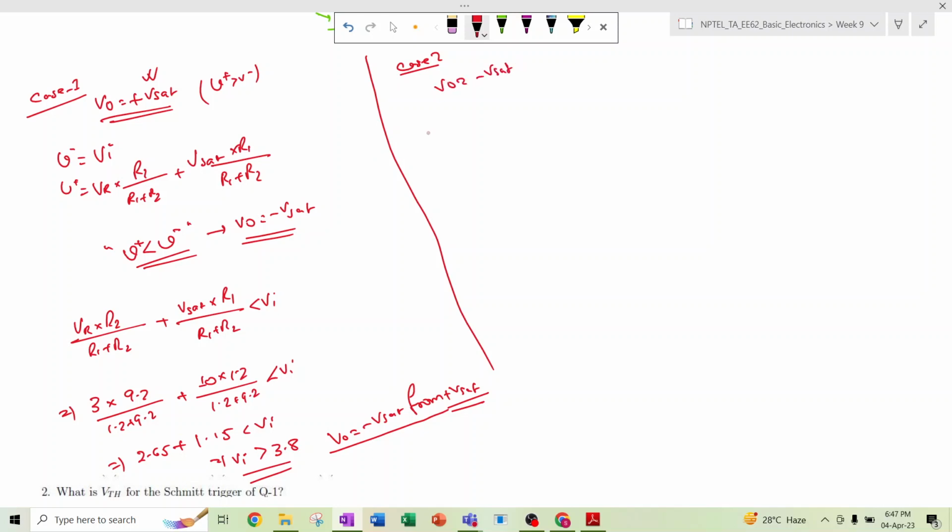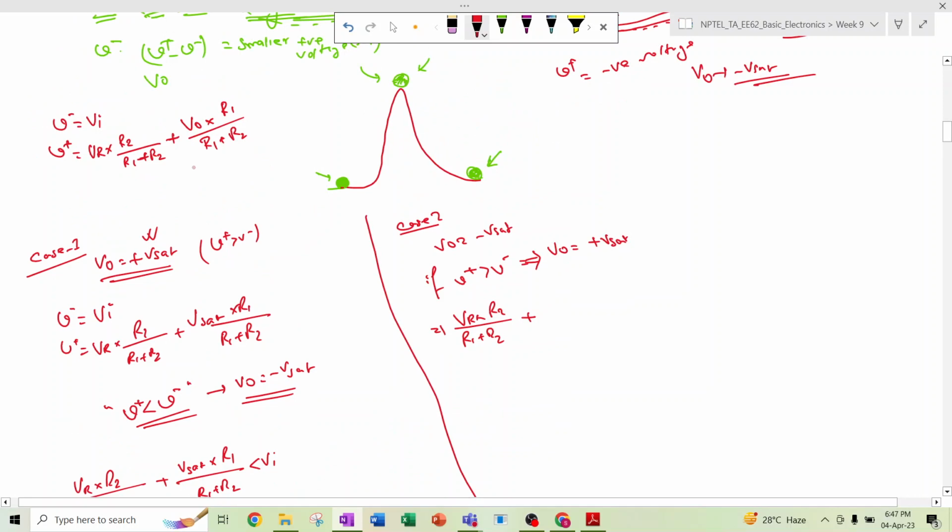Similarly, if we follow case 2, consider VO is initially at minus Vsat condition. Now if V plus is greater than V minus, then only this VO goes to plus Vsat, right? So VR into R2 divided by R1 plus R2 plus, now it is VO in this equation.